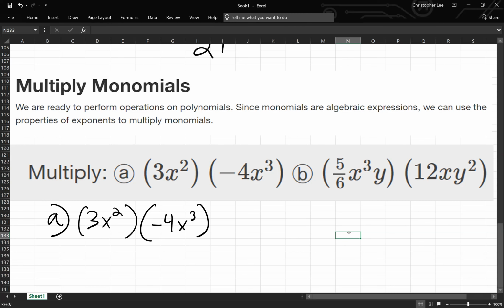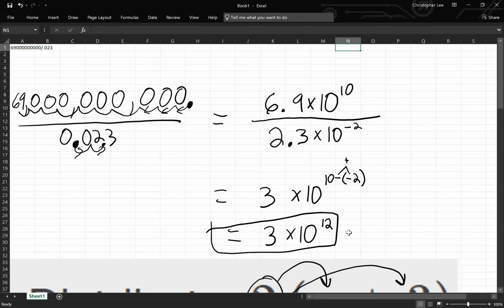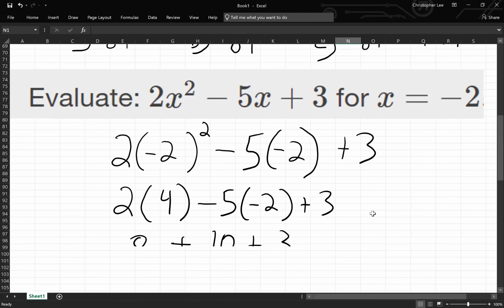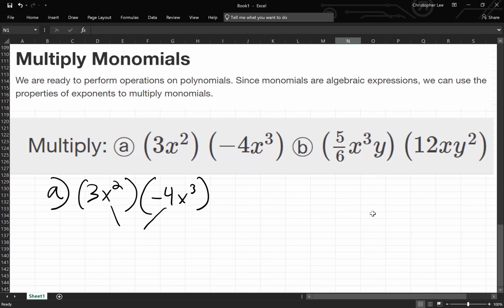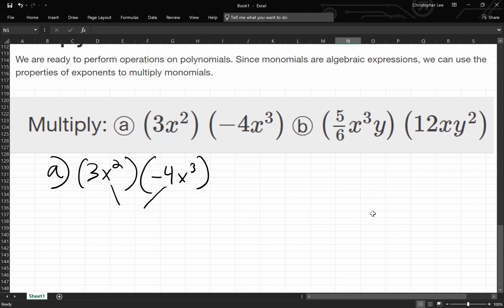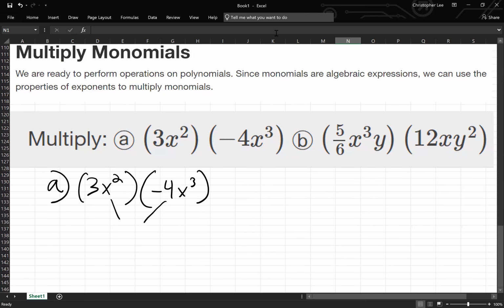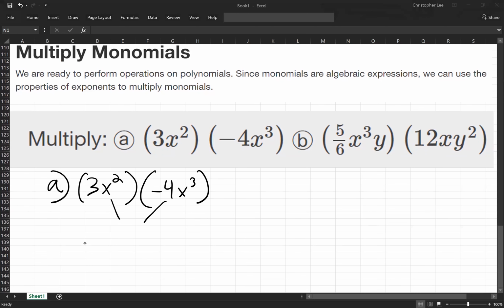So 3 times -4 is what? What's 3 times -4? -12, excellent.